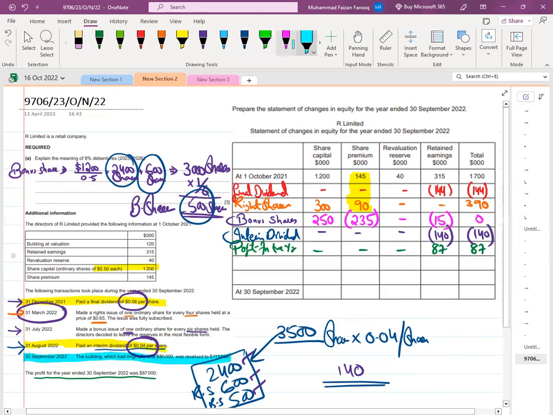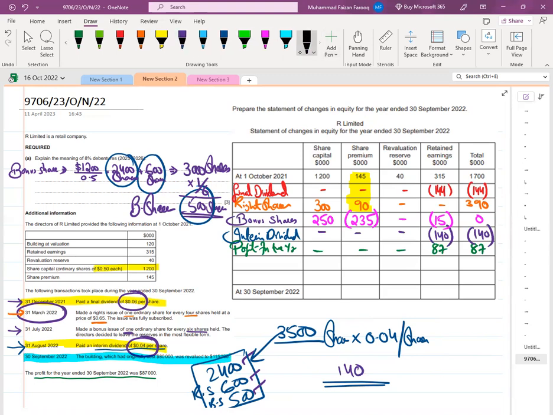Yeah, the revaluation. Very easy. I usually said that for AS now, the revaluation is very easy. Before it was difficult, but now the difficulty is moved to A2 as per the new syllabus.